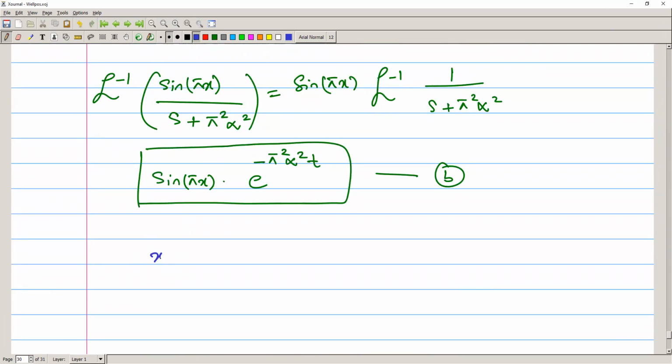Here x t squared minus x plus 1, or we can write it in a more simplified form, t squared minus 1 times x plus 1. So now the final solution will be the sum of all these inverse transforms.